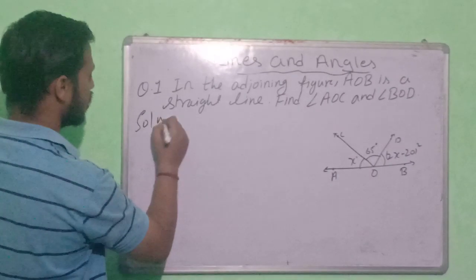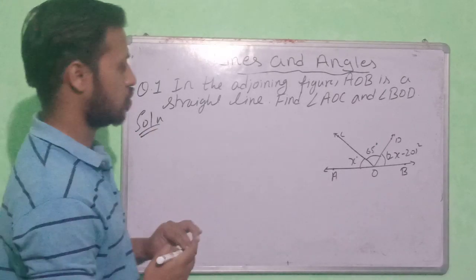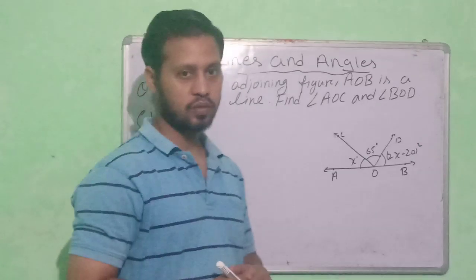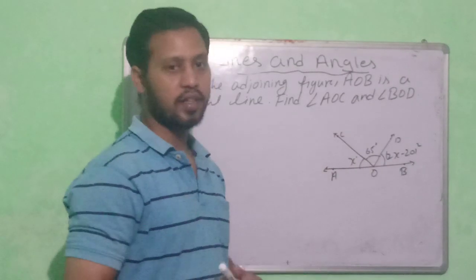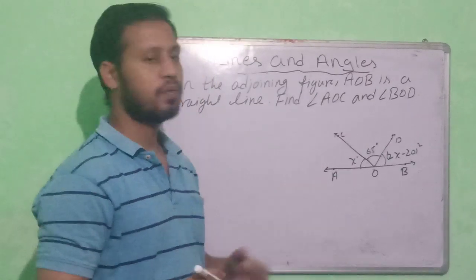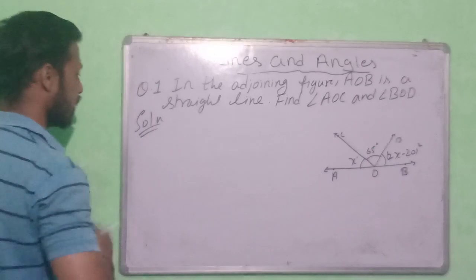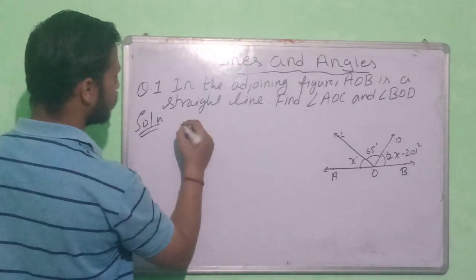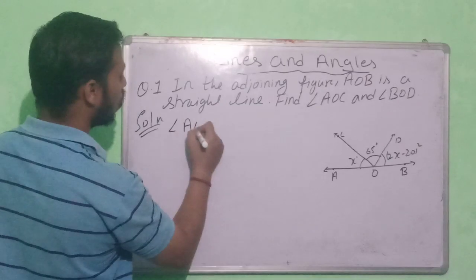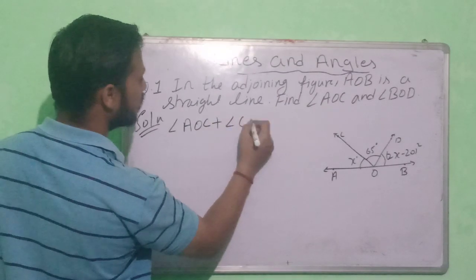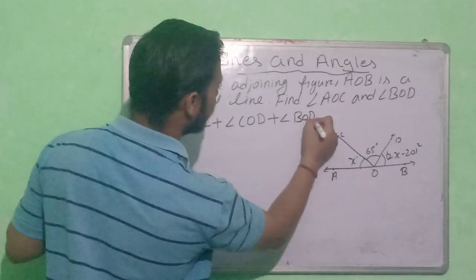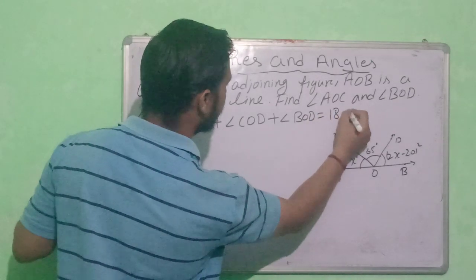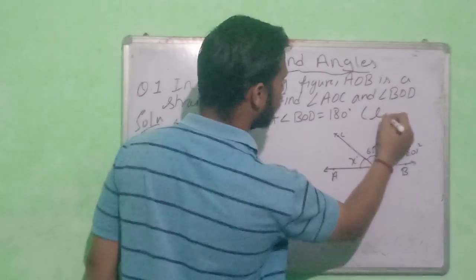Solution. As you know, in a straight line, whenever there are rays and they form angles, their sum will be equal to 180 degrees. You can say that angle AOC plus angle COD plus angle BOD equals 180 degrees, linear pair.